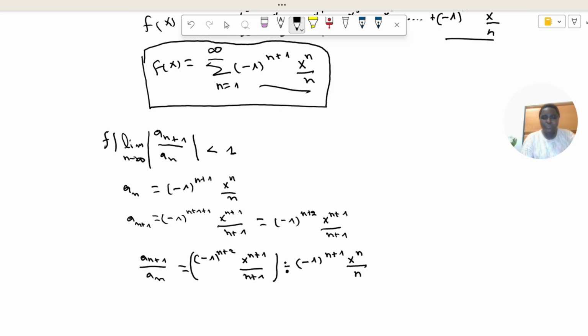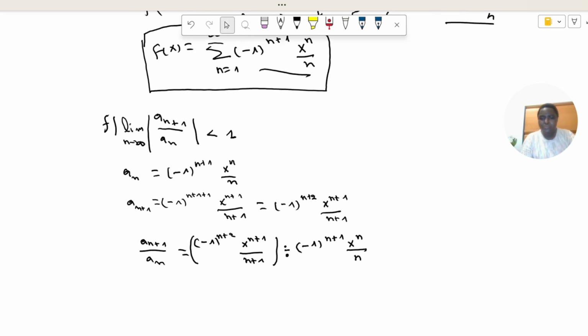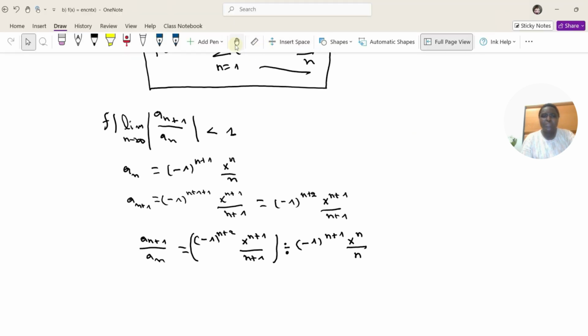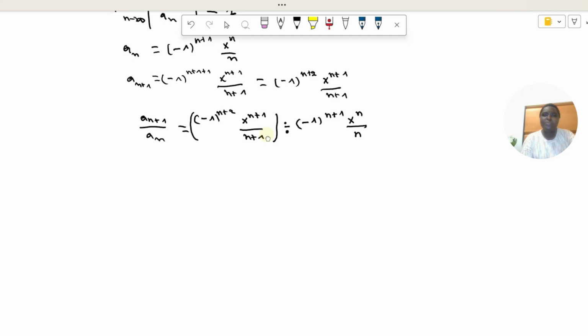So dividing these two, what are we going to get? Let me take these ones a little bit up so that it will be very clear to everybody.